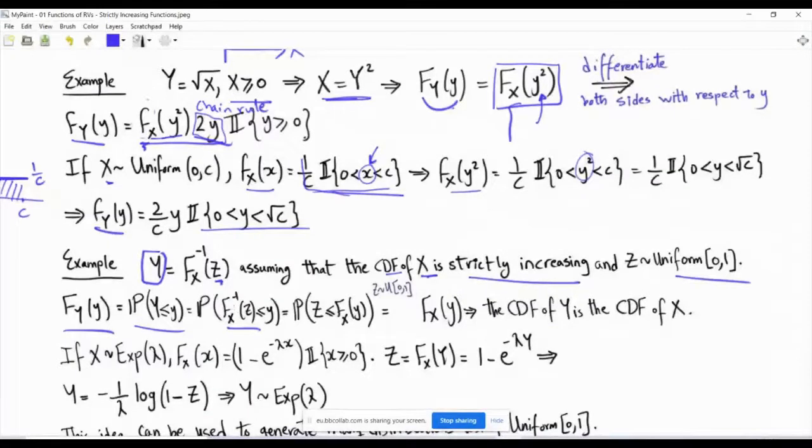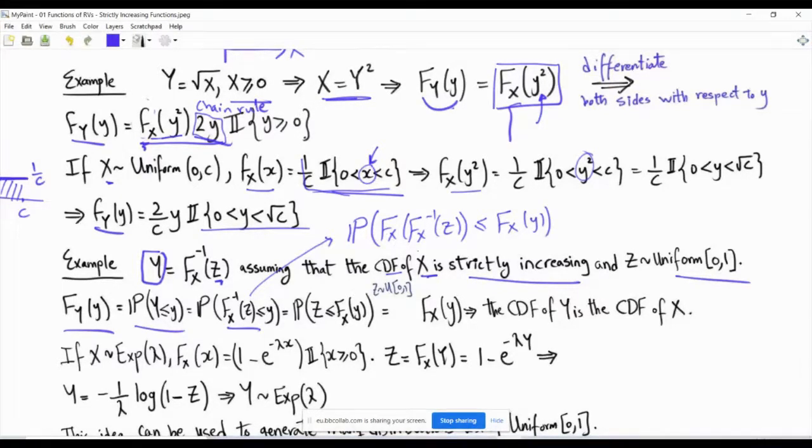Now, the CDF is strictly increasing. Okay, and so again, if you do this in slow motion, you will take this inequality here and apply the CDF to both sides. Because the CDF is a strictly increasing function, this will not change anything.